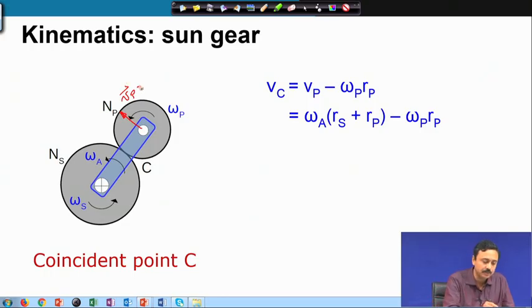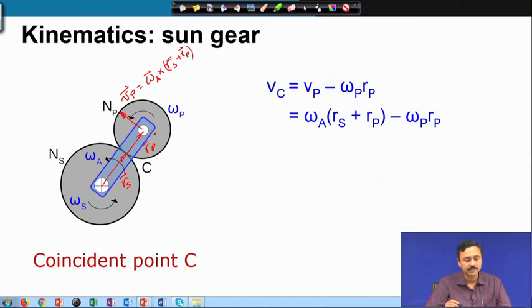So, this must be equal to omega of the arm cross the length of the arm, which is the summation of these two vectors: the radius vector of the sun and the radius of the planet.